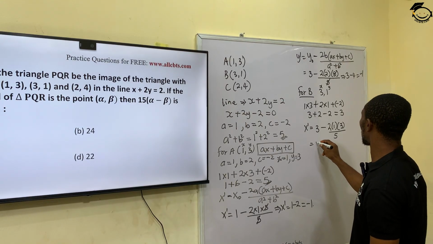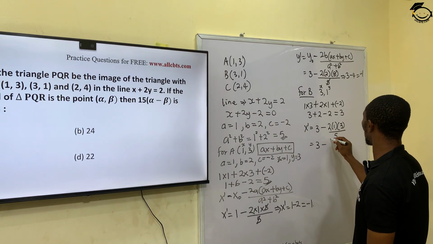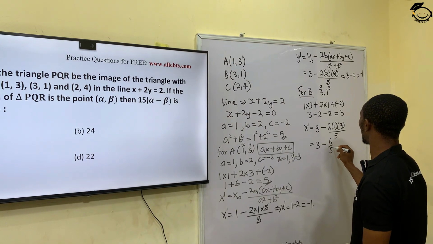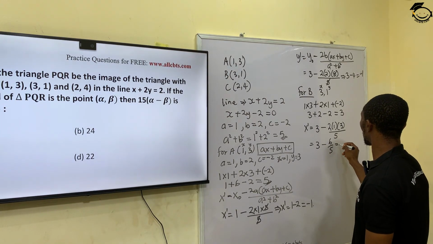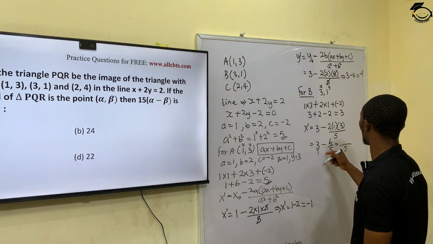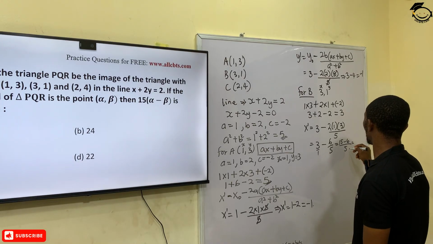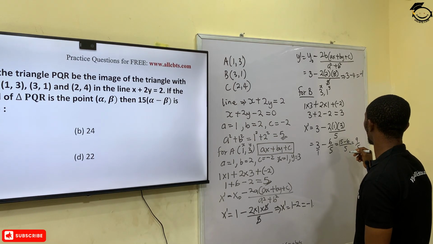We have it as 3 minus 2 times 3 is 6 over 5. All right, when we solve this out, this becomes 15 minus 6, which will be 9 over 5.